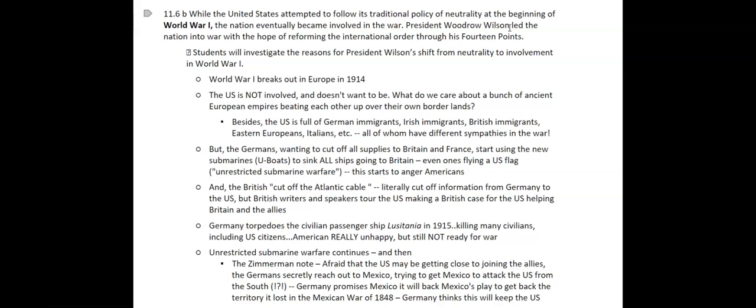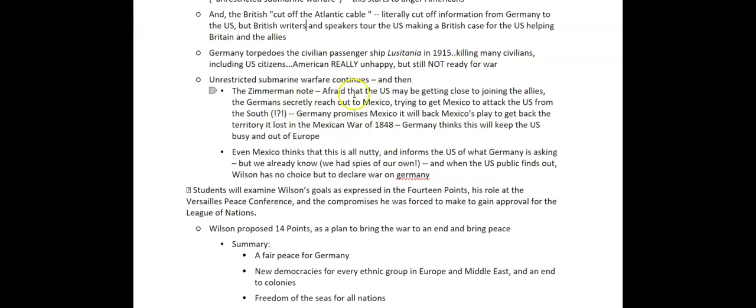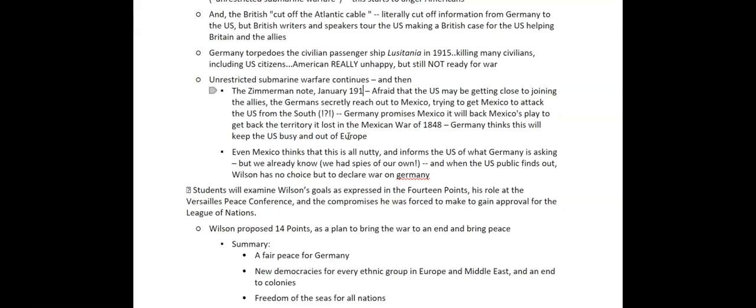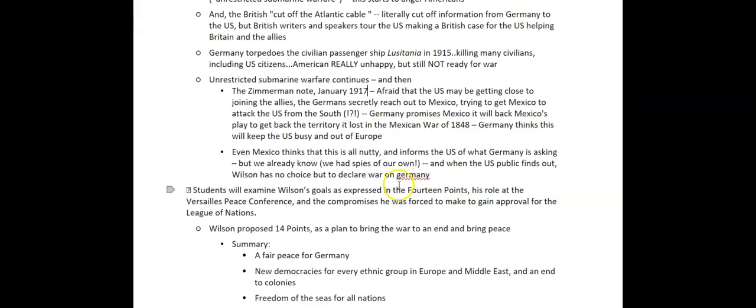The unrestricted submarine warfare continues on and off until 1917. January 1917. The Germans are now afraid the United States is getting close to taking the side of Britain and entering the war.